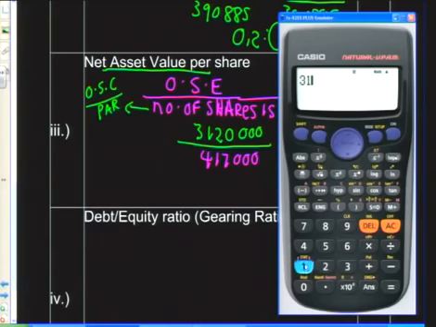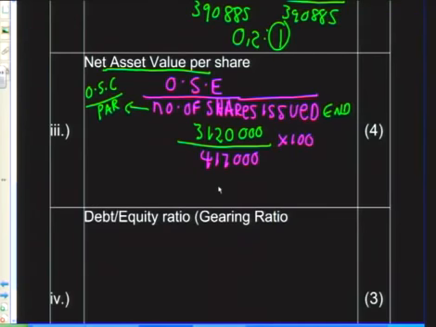We are taking 312, okay, and watch those zeros, quite a number of zeros, divided by number of shares, and my net asset value, if I'm going to multiply by 100, is 748.2 cents. So let's write that down, 748.2 cents, or if you wanted to show your answer in rands, 7 rand 48 cents.